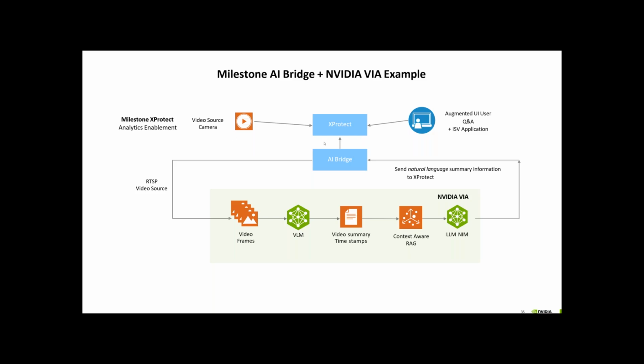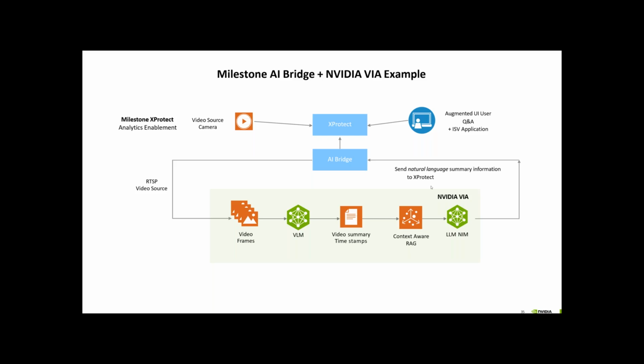As the videos are coming in from XProtect, you can use AI Bridge to connect to the VIA microservice. And the VIA microservice, which includes the vision language models and the large language model NIMs, will actually create a video summary with timestamps for the application.